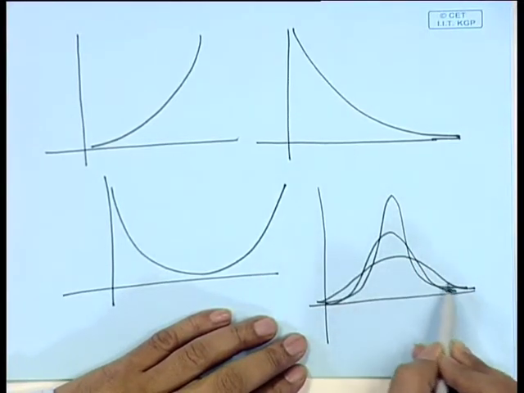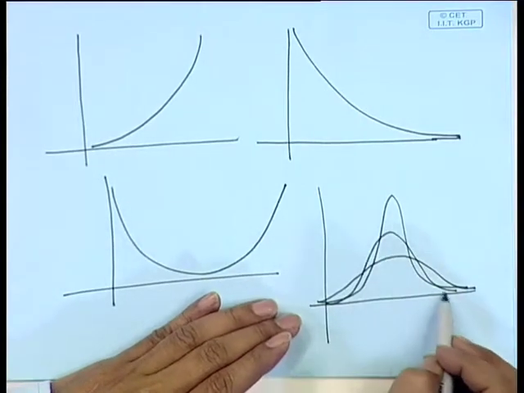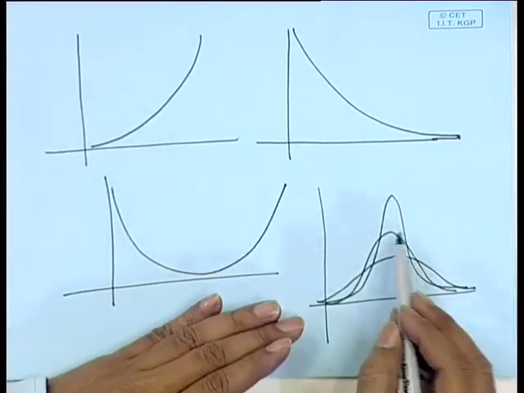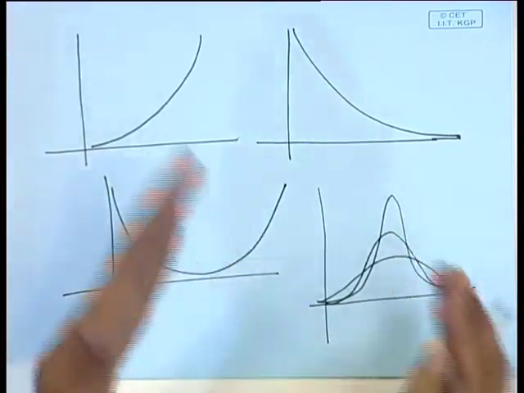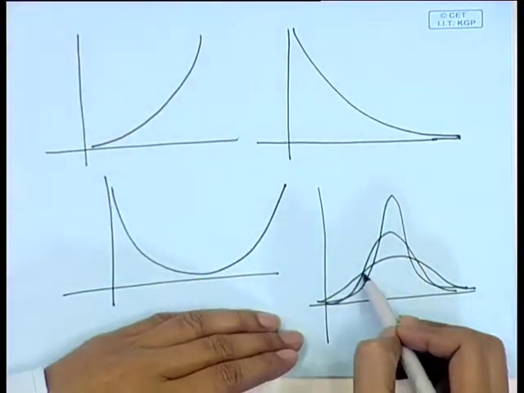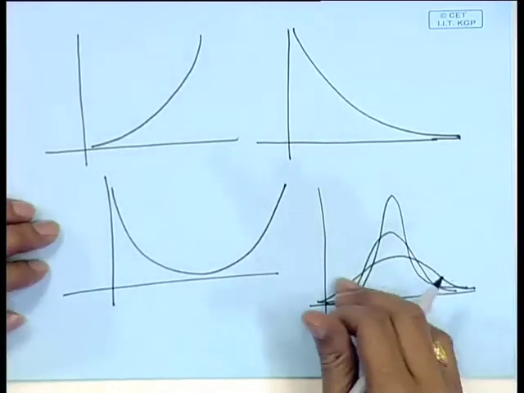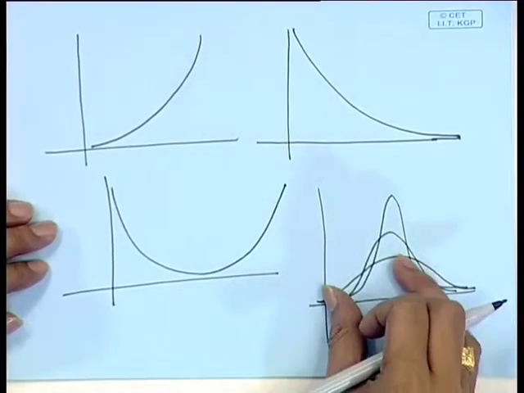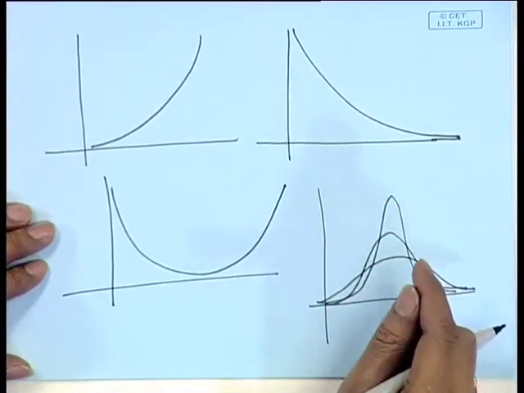This is sparsely distributed, this is moderately sparsely distributed and this is heavily concentrated distribution. A large number of values are towards the center and very few values towards the end. Here the things are more or less equally distributed. So, you can say a fat belly and a tall belly. So, this type of curves are also common.